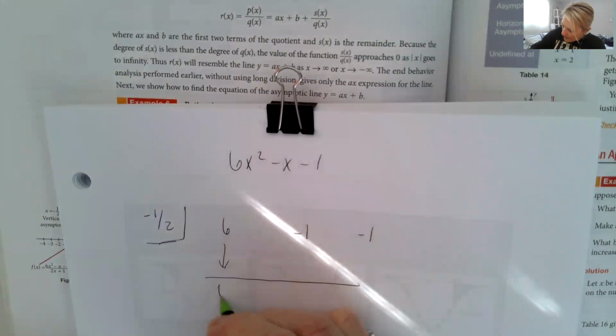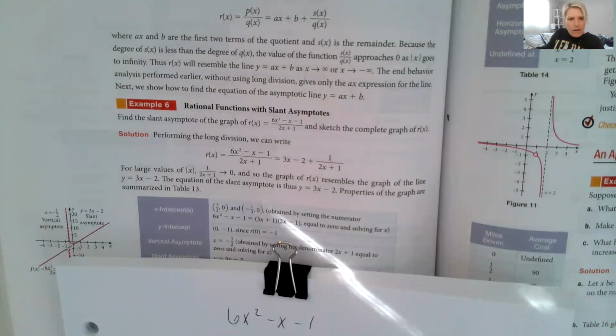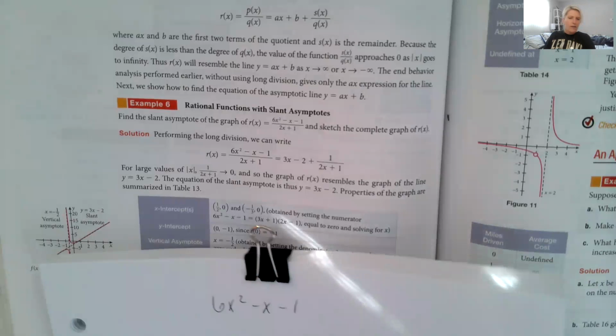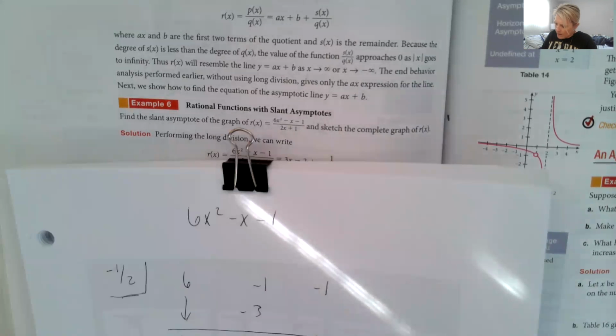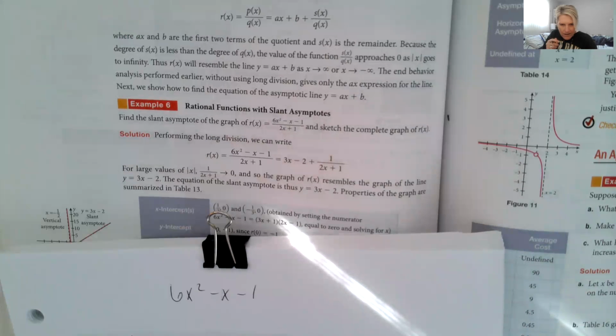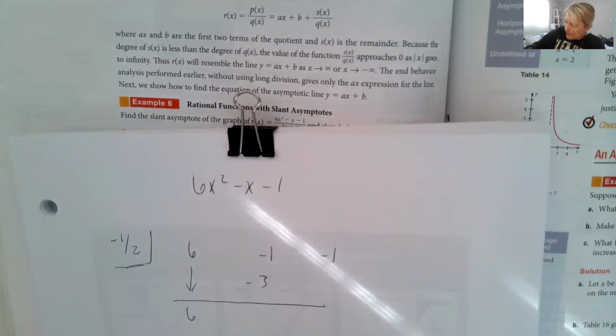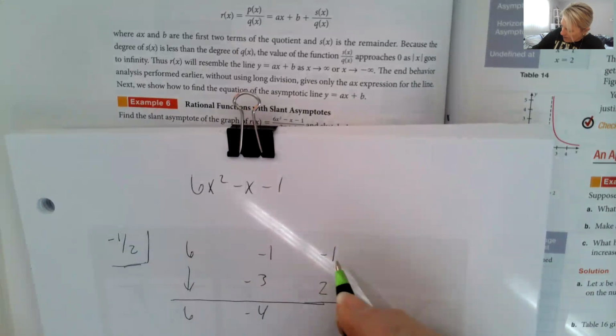So we're going to bring the 6 down and multiply it by -1/2. So we get a -3. And then maybe I can't do the, let's see, -4, and then that'll be a +2, and that comes out to be a 1.